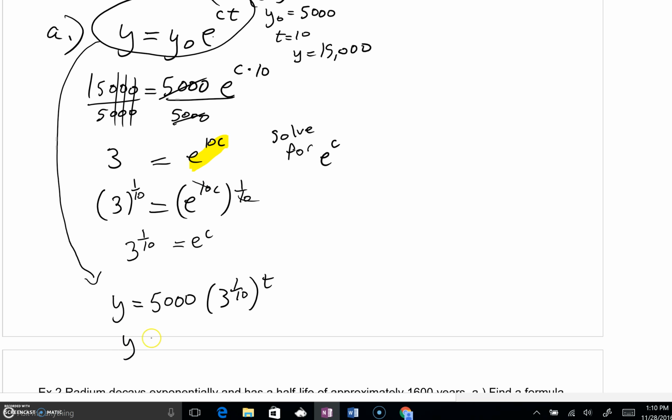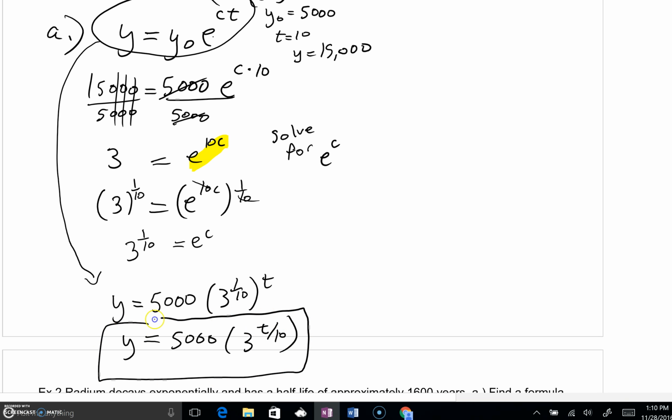And unbelievably, you are done. You don't have to worry about using a calculator. You now have your exponential growth equation. By the way, more than half of the FRQs on the AP exam are no calculator allowed. Being able to solve like this is definitely helpful.